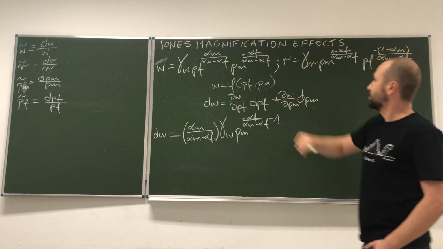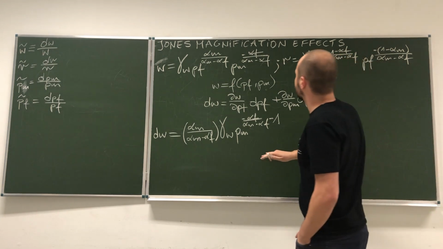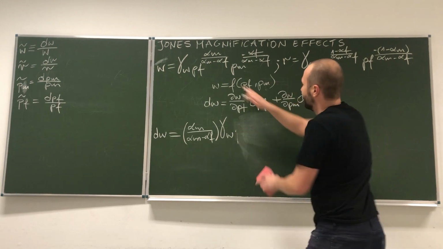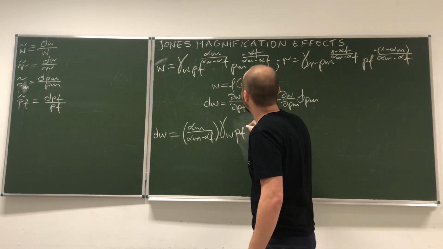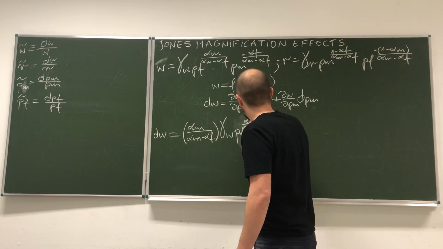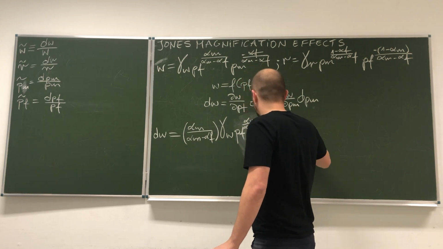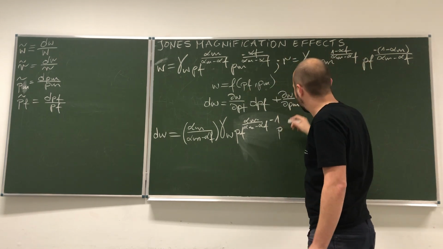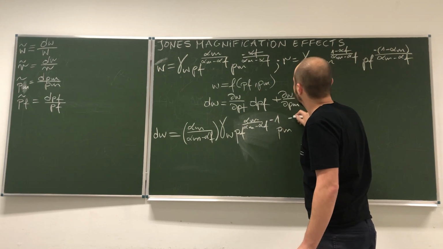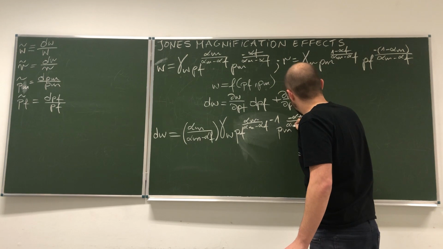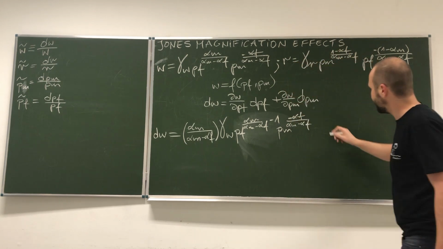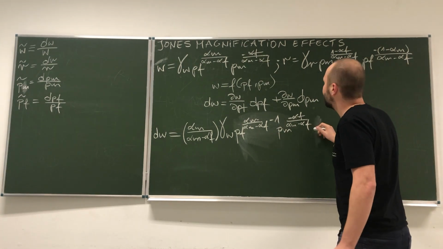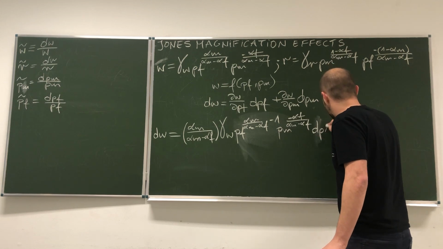Oh, sorry, we are differentiating with respect to price of food. I should start with this. Pf to the power alpha m over alpha m minus alpha f, minus 1. And then this expression stays exactly the same because we keep it constant. So we've got Pm to the power minus alpha f over alpha m minus alpha f. And of course this whole thing is multiplied by dPf.